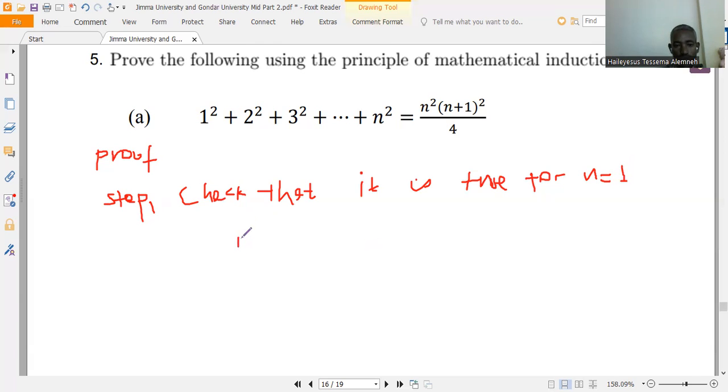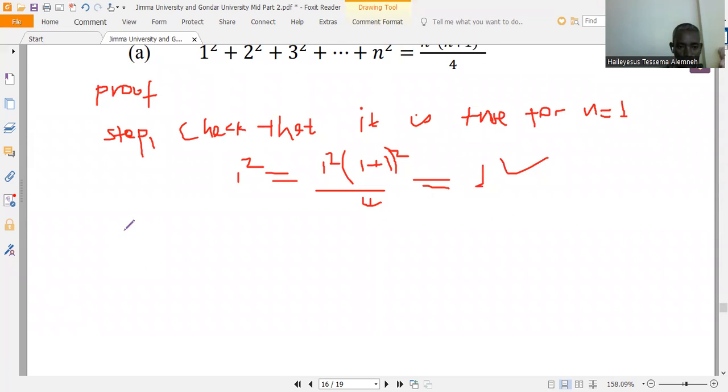So 1 square, first step, 1 square is equal to 1 square times (1 plus 1) the whole square over 4, which is 1 plus 1 is 2. Clearly it's 1. So it's true for n is equal to 1.